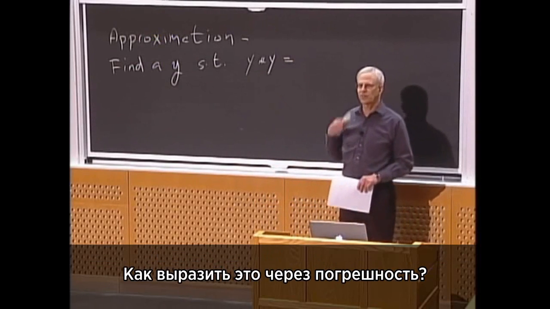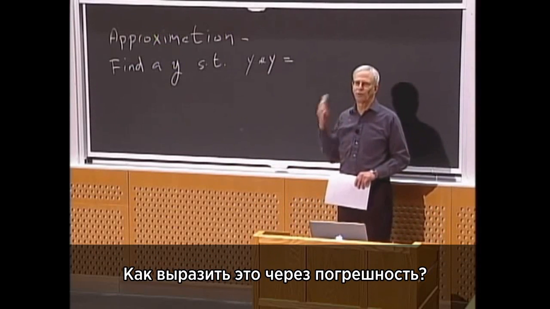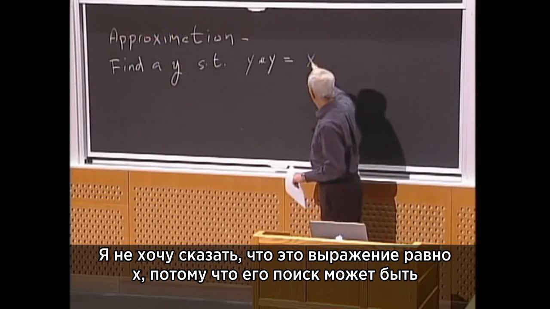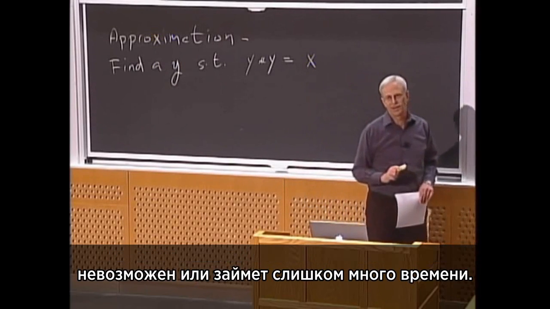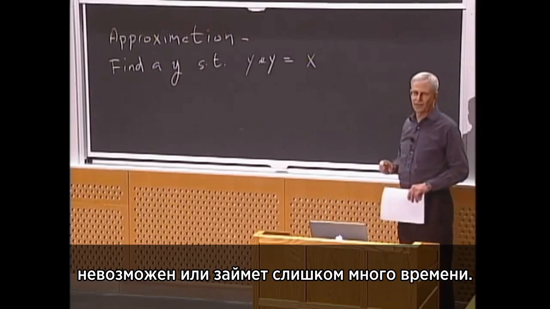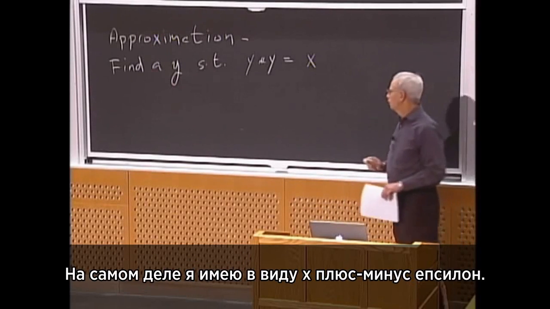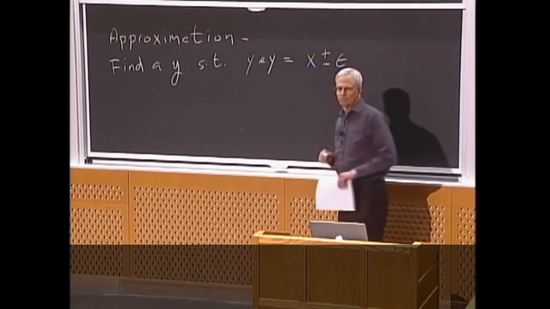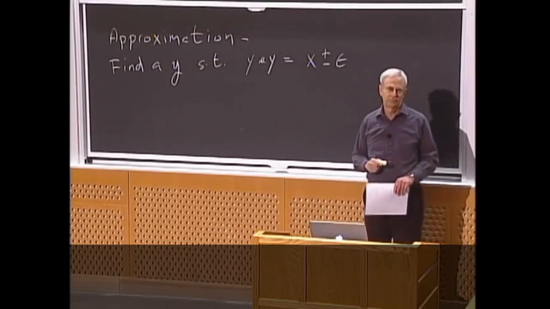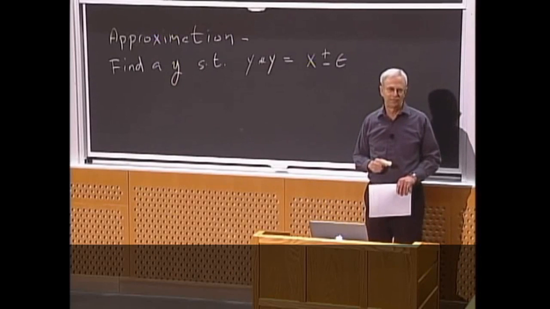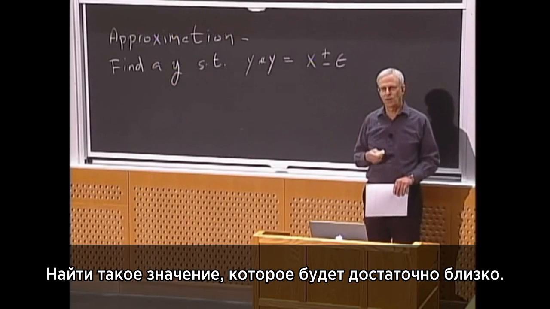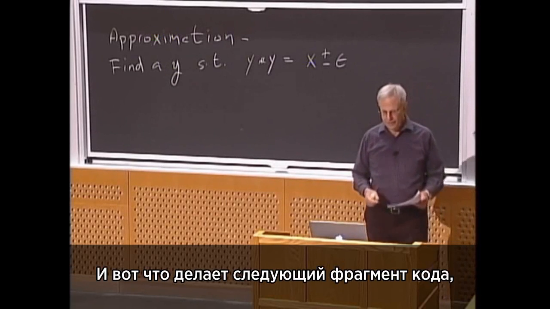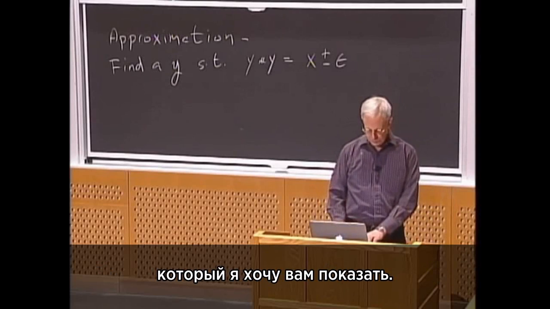What does it mean? How would I express it within epsilon of the perfect answer? I don't want to say it's equal to x because that may be impossible or too time-consuming to find. So really what I mean is x plus or minus epsilon. Right? So that's what I'm asking. Find one that's close enough. And that's what the next piece of code I want to show you does.